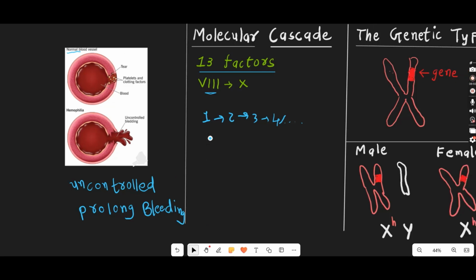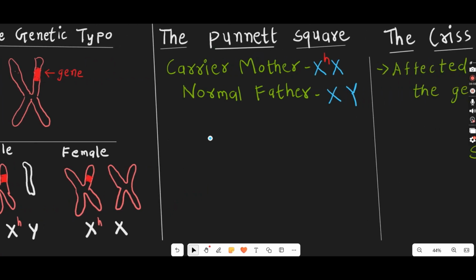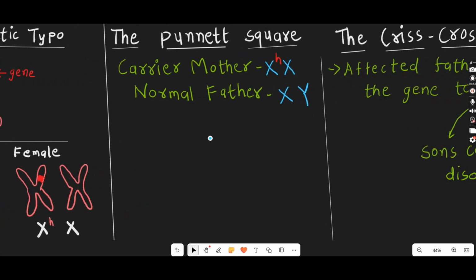Now let's look at some Punnett squares. For example, what if a carrier mother and a normal father? So let's write down here the carrier mother X X and the father X Y, with the H on the carrier.